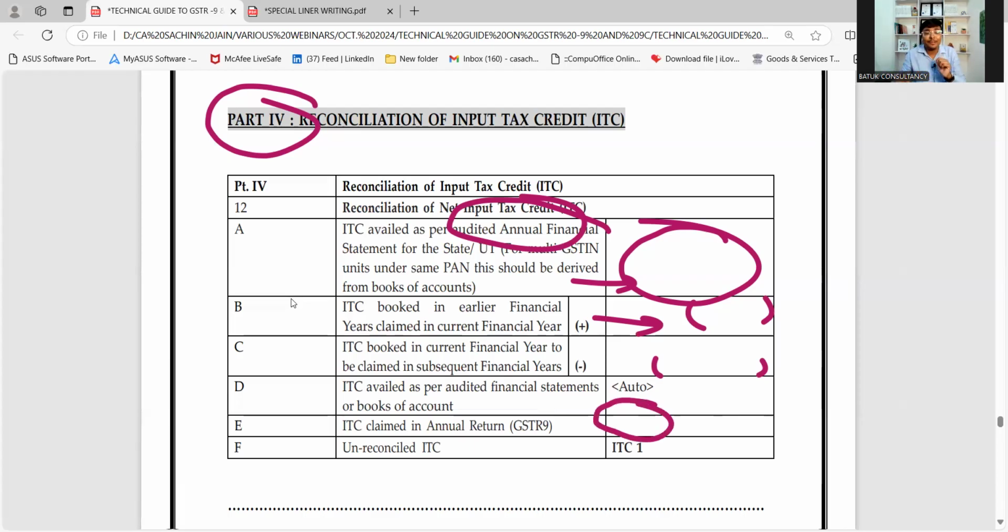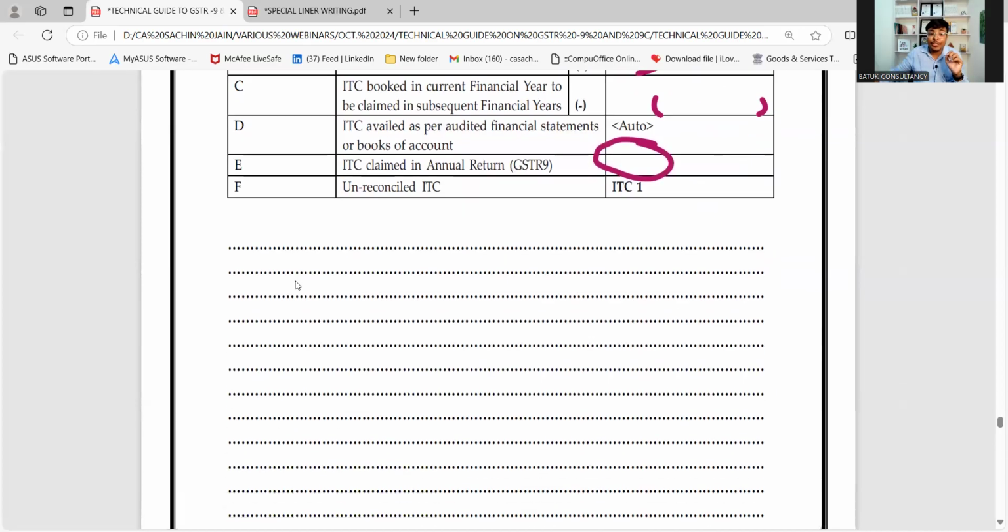And now if there is any difference, in such a situation, you need to provide the reason for the differences. There may be chances that you have forgotten to reverse certain input tax credit. In such a scenario, you have to reverse it in GSTR-9C. There may be chances that you have forgotten to claim certain input tax credit. In such a situation, you need to put a note below the input tax credit reconciliation that we forgot to claim the input tax credit, and the timeline of section 16 subsection 4 has already expired.